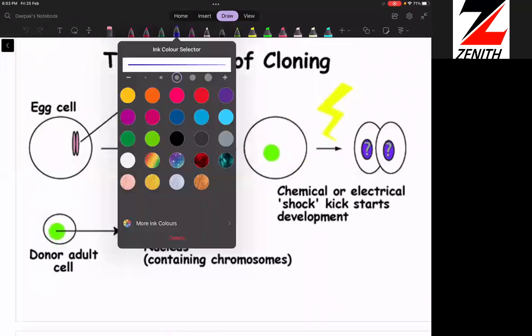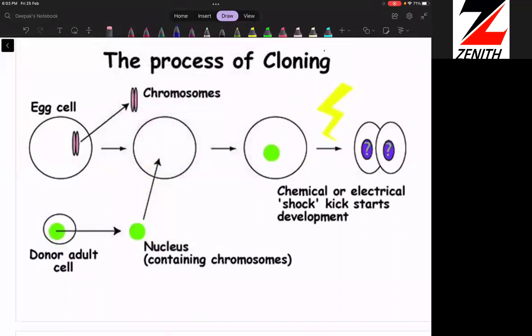So in cloning, what's done is the egg cell is taken from a mother. Let's say from A, the egg cell is being taken. From that egg cell, the nucleus is removed, right? So the nucleus is removed. Now this egg remaining part is being left. This part is basically high in nutrition and with characteristics of dividing itself.